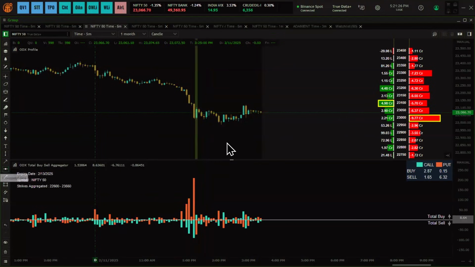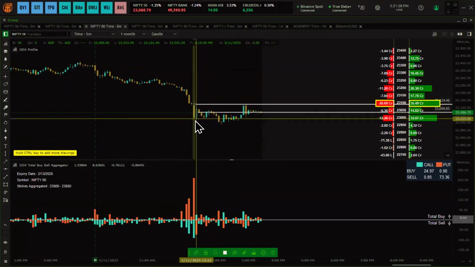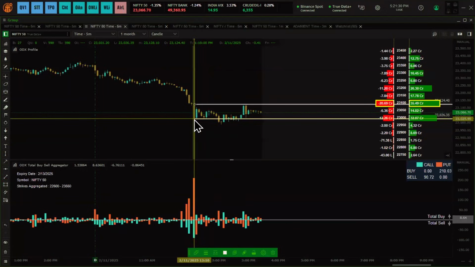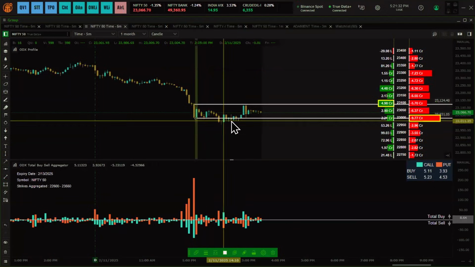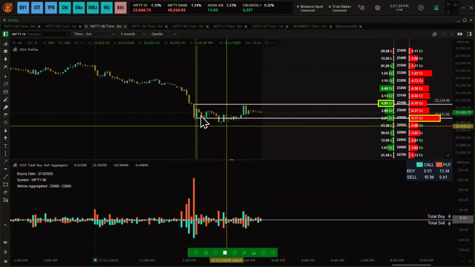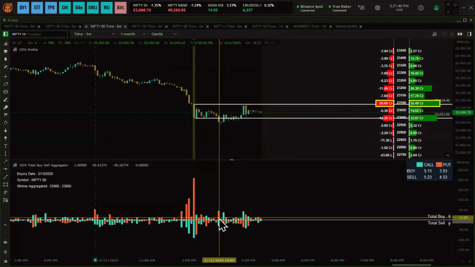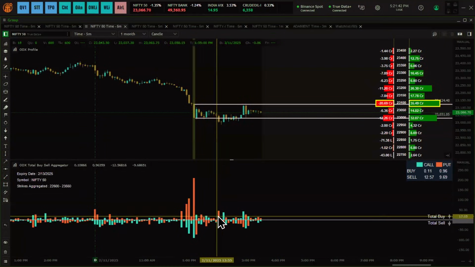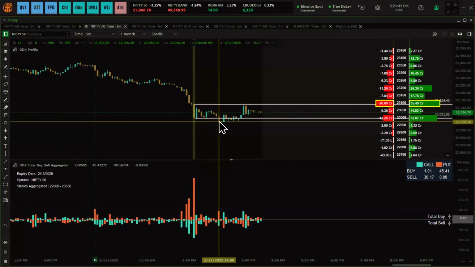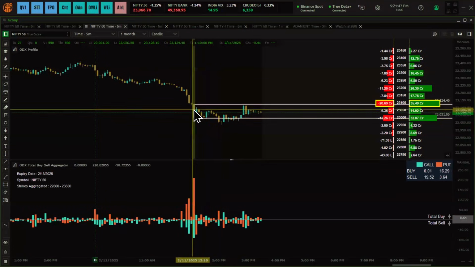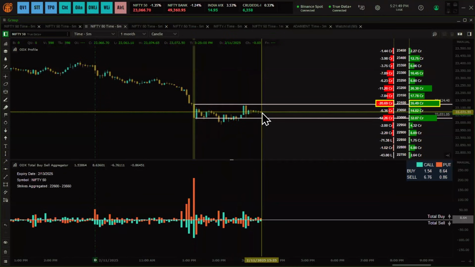And it was such an important candle that it was not easy to go and close below this. There was one candle which closed below this, but not much happened. Okay, see, the histogram bars are not really that big, so do not follow this. But this was a really important candle, and the market has closed in between.